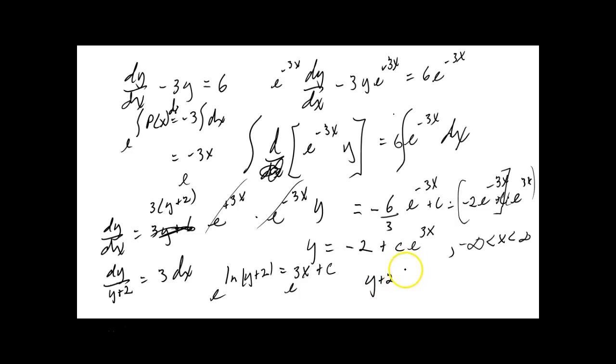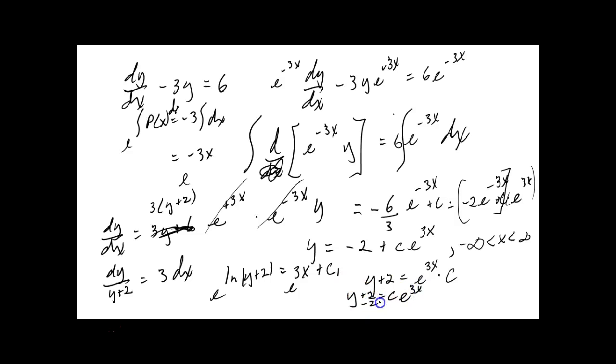And when you exponentiate this, you get e to the 3x times some e to the c, which is some constant. Let's just call that a c1. This will be a c, right? So this will then be y plus 2 is equal to c e to the 3x.